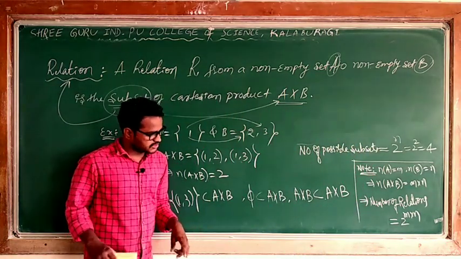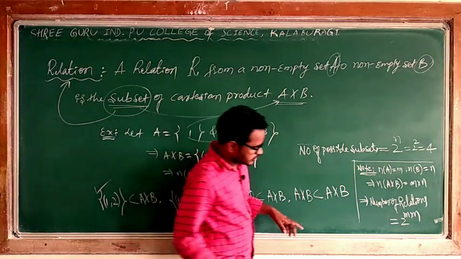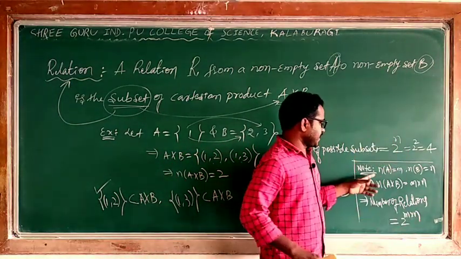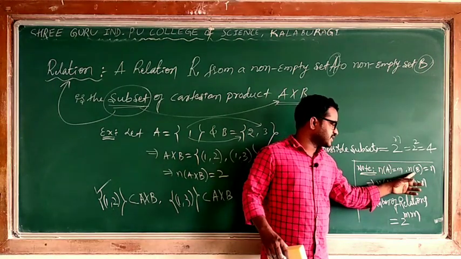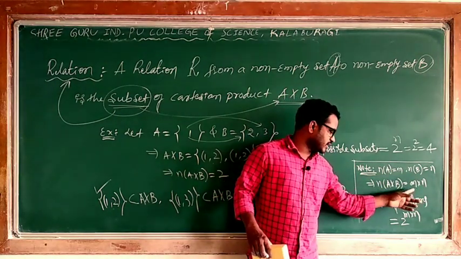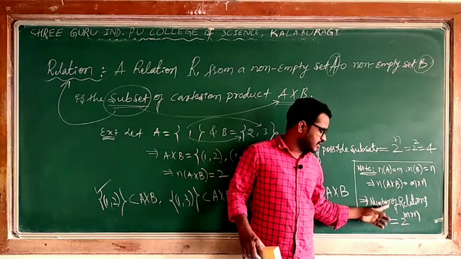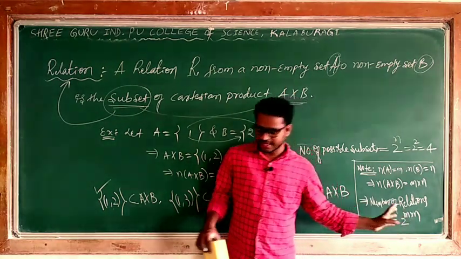Because n(A) is m and n(B) is n, A cross B has m into n elements, and definitely every subset of A cross B is considered a relation, so the count is 2 to the power m into n.